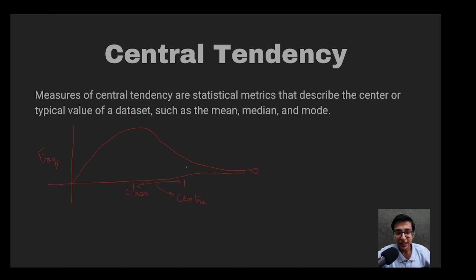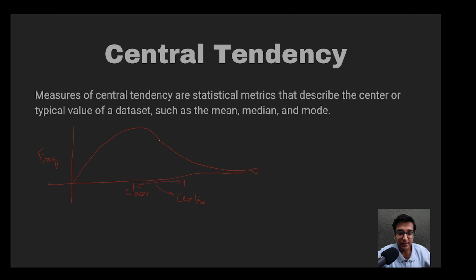The reason being, if we look at the area under this portion of the graph and the area under this portion, both are more or less similar, approximately. That is why our central tendency would lie at the middle of our graph or our data set.